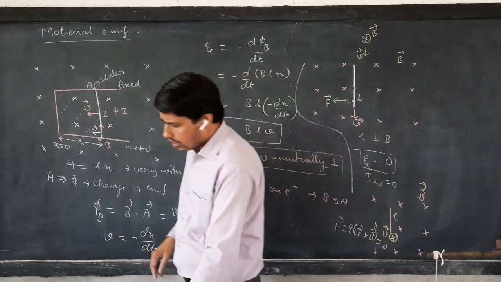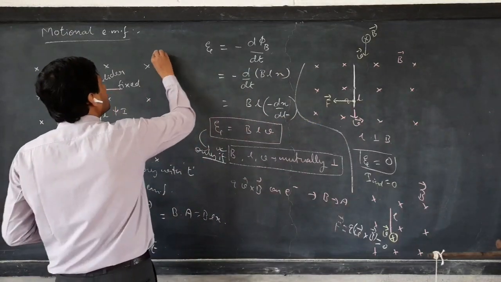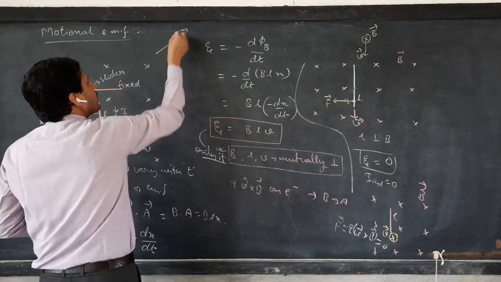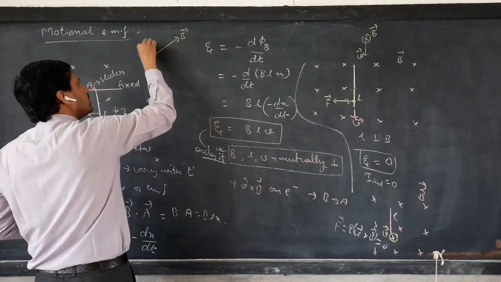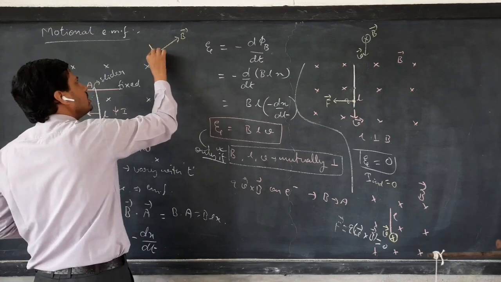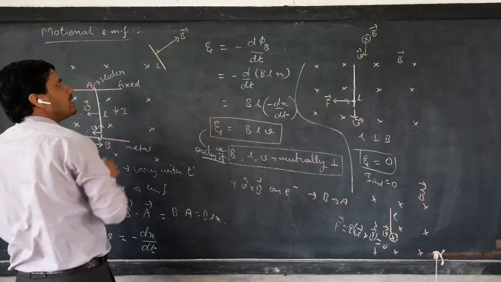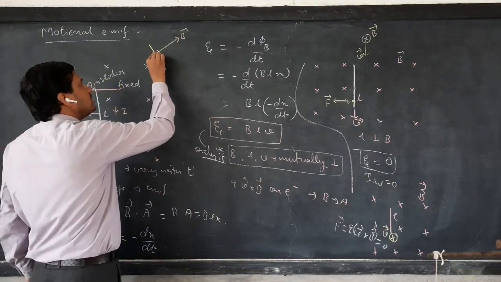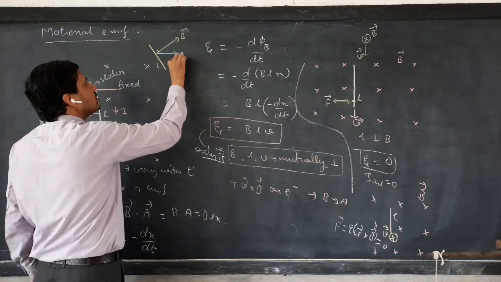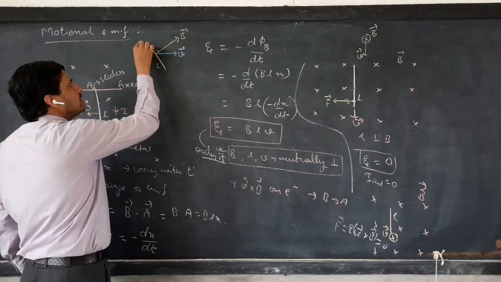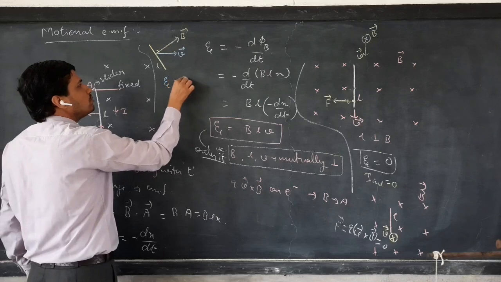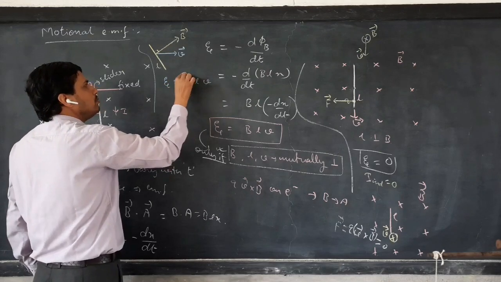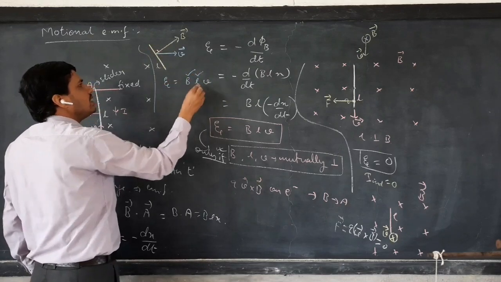And suppose the magnetic field is in this direction, and velocity of the conducting wire. This is the conducting wire. This is perpendicular. Length is perpendicular to magnetic field. But the conducting wire's velocity, suppose it is in this direction. Then what to do? Here also you should not write E is equal to BLV. B is okay, L is okay.